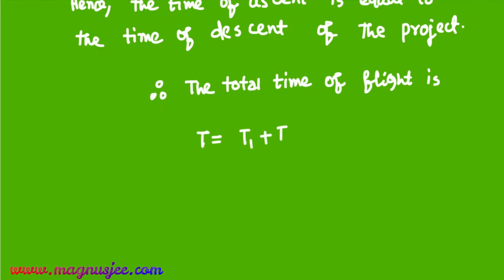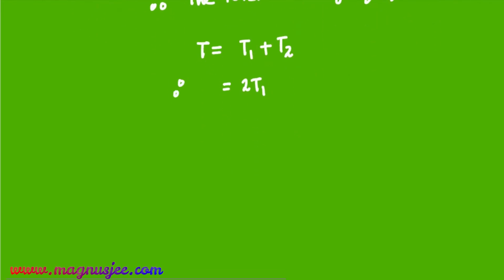Therefore, the total time of flight is T equal T1 plus T2. So this is the additional information. Therefore, T equal to 2 T1, and also T equal to 2 T2.